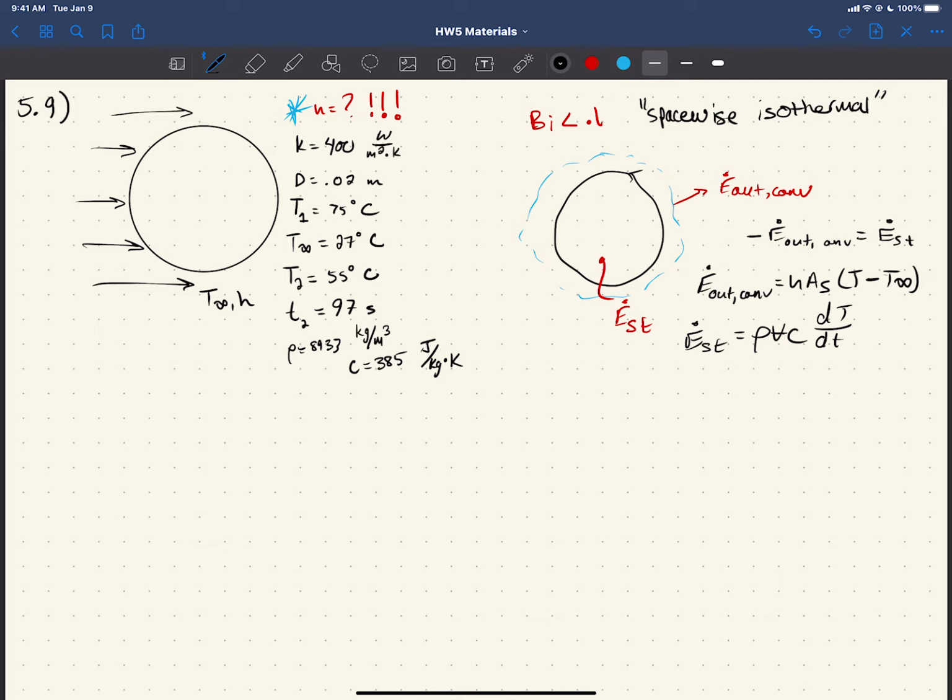I'm going to skip all the integrals and just know, from before, we have theta over theta naught is equal to minus h A_s over rho V c times t. Our theta naught here is different because our T infinity is different and the T1 that we're given is different.